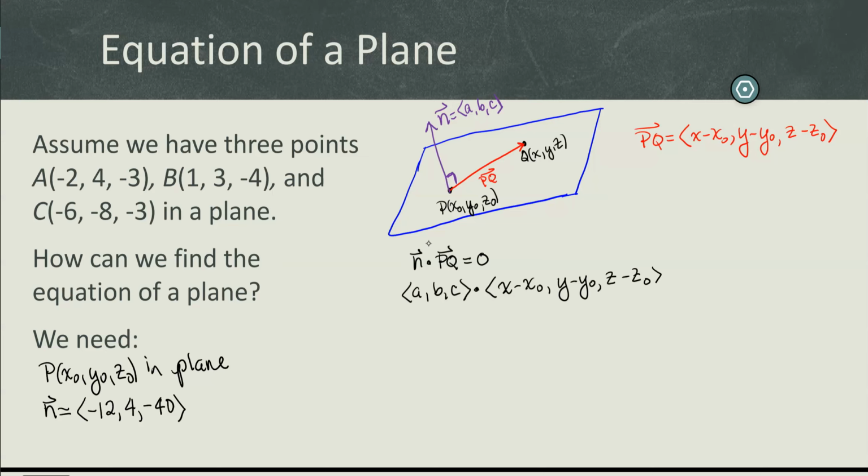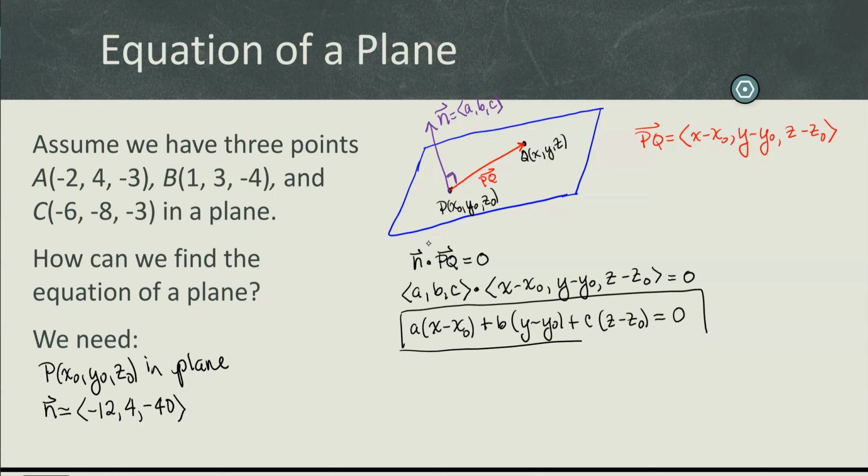So the dot product of those two vectors must be 0. If I form that dot product, then it's A times the quantity x minus x naught, plus B times the quantity y minus y naught, plus C times the quantity z minus z naught. And that should all equal 0. This is often referred to as the point normal form of the plane.